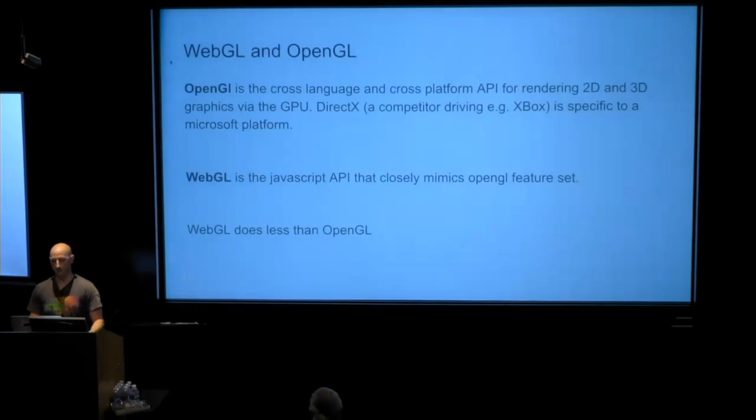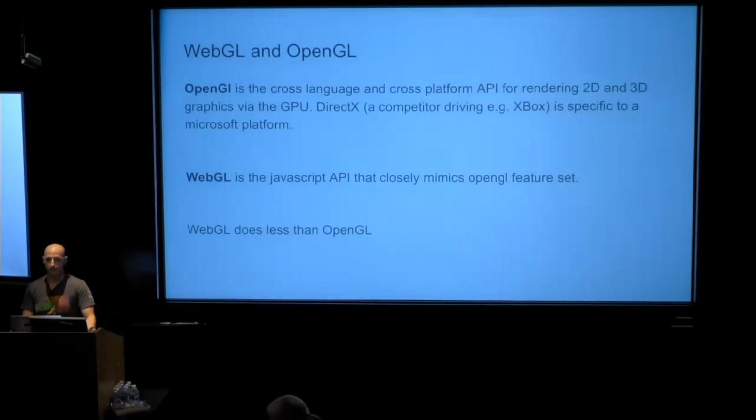Okay, so quick background on WebGL and OpenGL. OpenGL is a cross-language and cross-platform API for building 2D and 3D graphics, and it uses the GPU. That's what they have in common. And you may have heard of DirectX. DirectX is a proprietary version, and it only works on Microsoft platforms. It was designed specifically for Xbox.